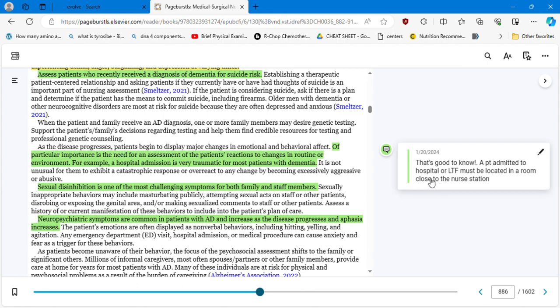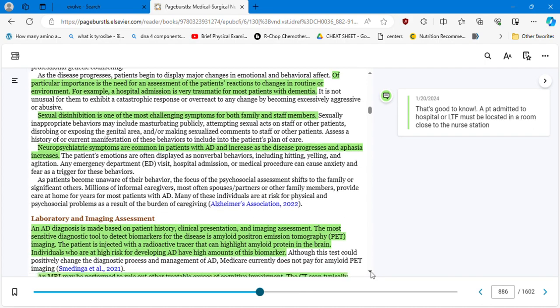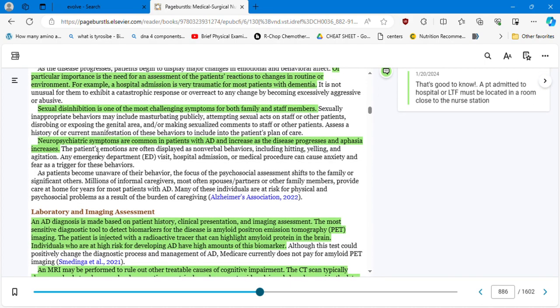A patient admitted to hospital or long-term facility must be located in a room close to the nurse station, okay, to reduce this anxiety. Sexual disinhibition is one of the most challenging symptoms for both family and staff members. We need to be aware and we need to understand this. Neuropsychiatric symptoms are common in patients with AD and increase as the disease progresses and aphasia increases.